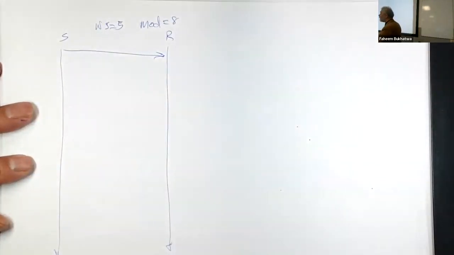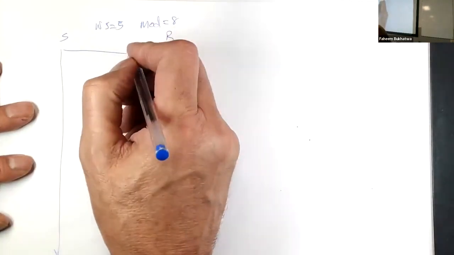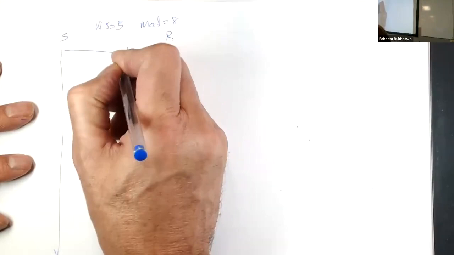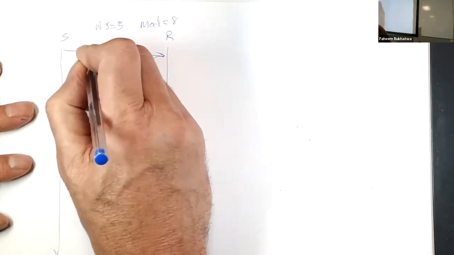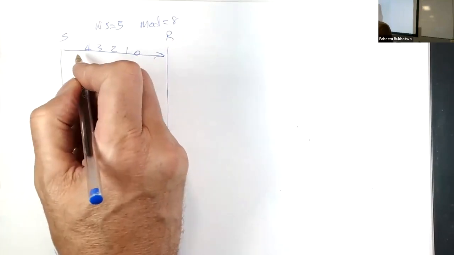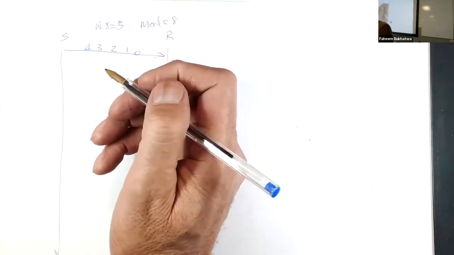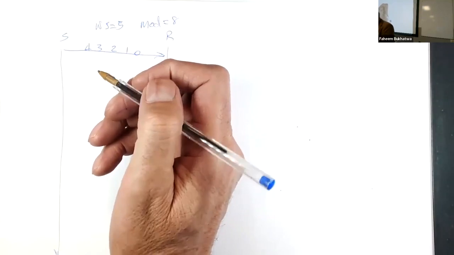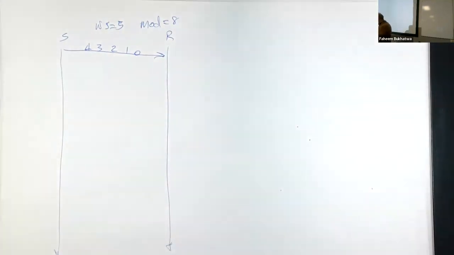Window size is 5, modulo is 8. Fine. Why is it just 4? Because the window size says 5. These are 5 frames from 0 to 4.